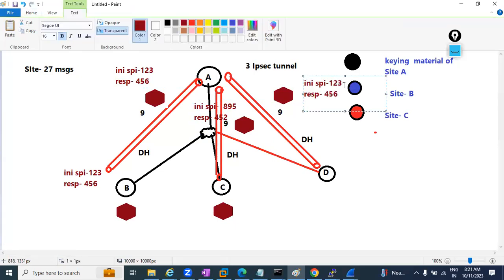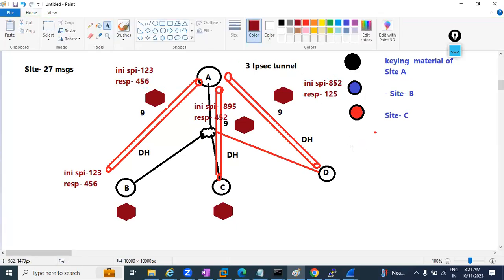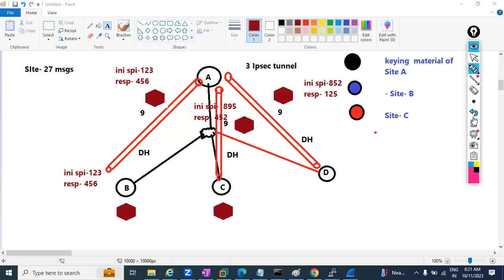And on this side again, the initiator SPI is about 852, and this is considered 125 here. Okay, so for each and every tunnel, there would be a different SPI. As you know how they calculate the SPI, they use source IP, destination IP, source port, destination port, and along with that, timestamp.